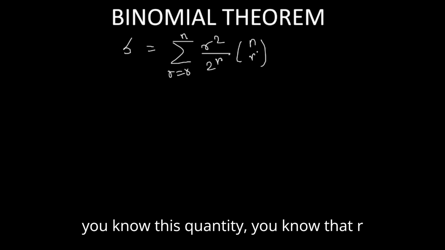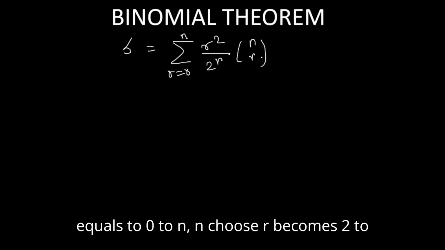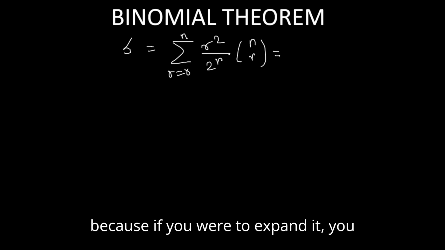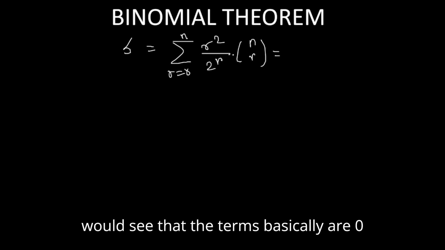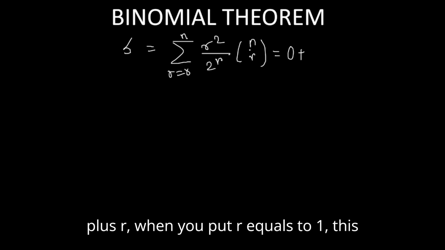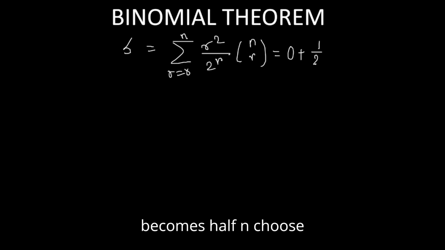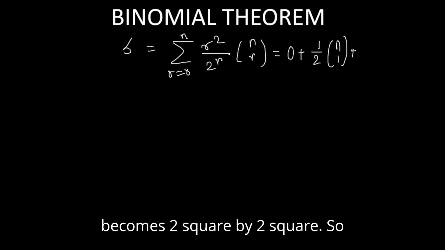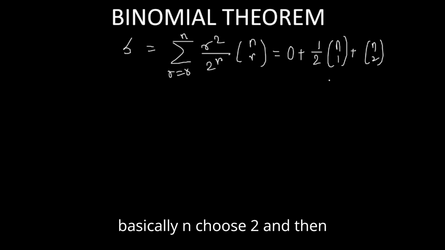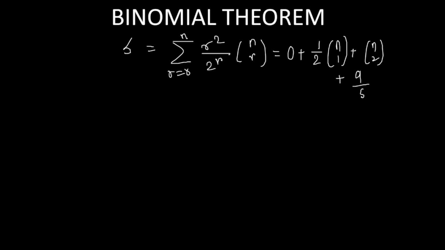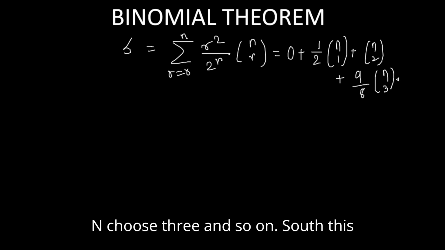Now, you know that the sum r equals 0 to n of n choose r becomes 2 to the power n, but we cannot do it anymore, because if you were to expand it, you would see that the terms are: 0 for r equals 0; when you put r equals 1, this becomes half, n choose 1; when you put r equals 2, it becomes 2 square by 2 square, so basically n choose 2; then r equals 3 would be 9 upon 8, n choose 3, and so on.